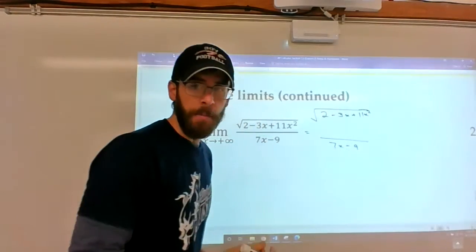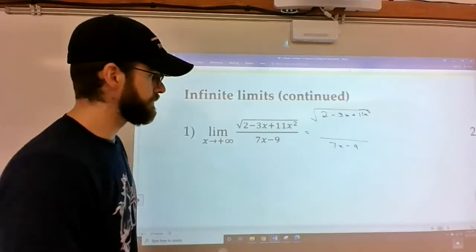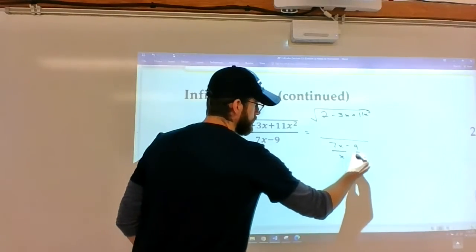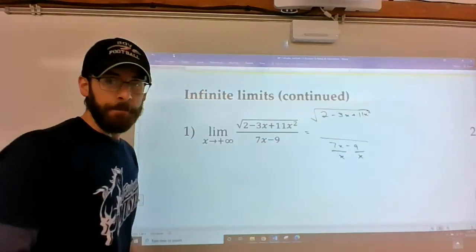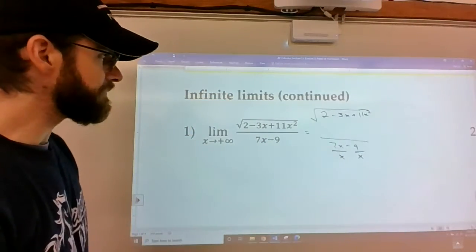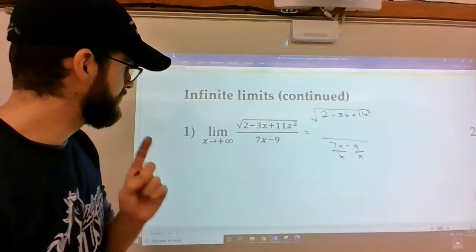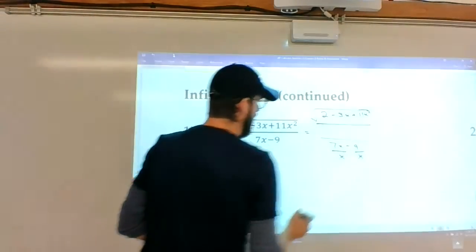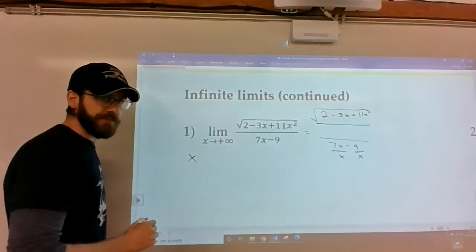The biggest power on the bottom is x to the first. So I'm going to divide that by x. However, on top, I'm going to use an alternate to x.